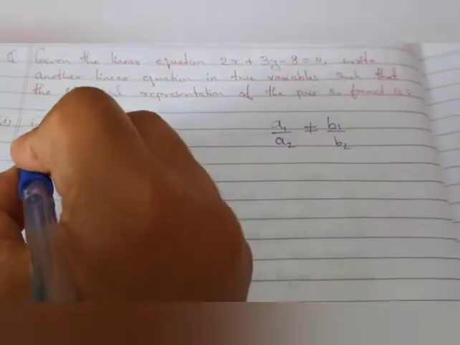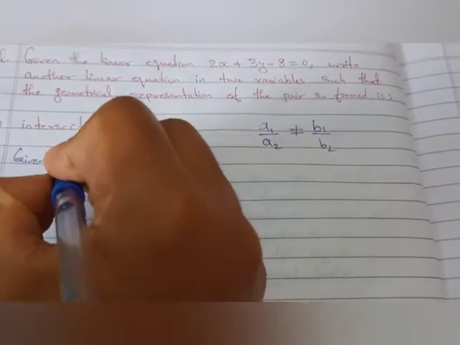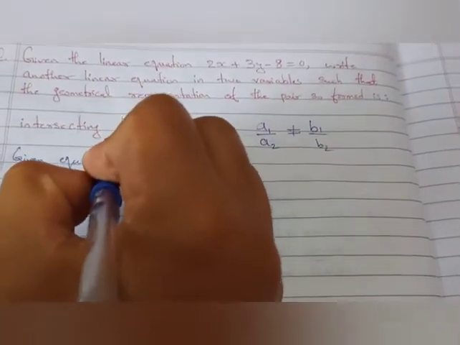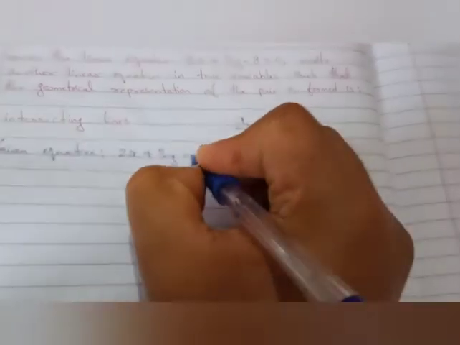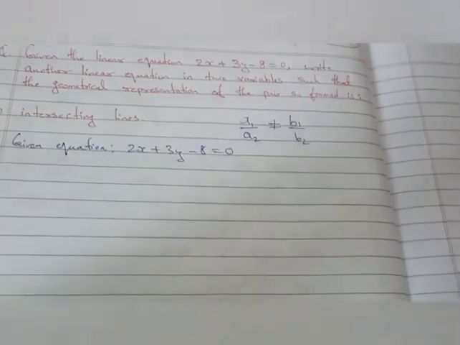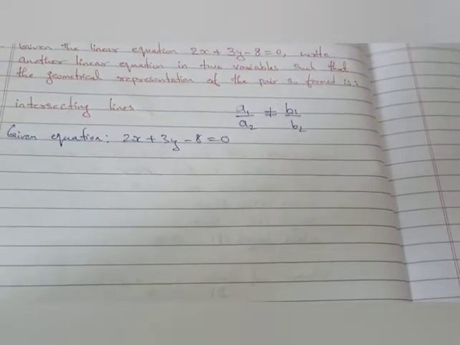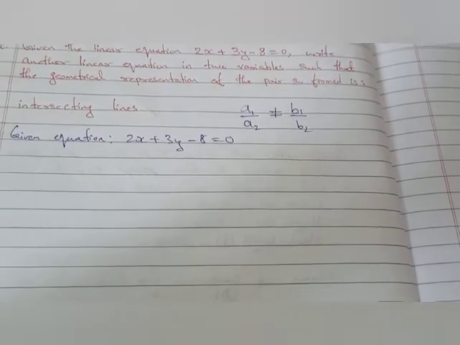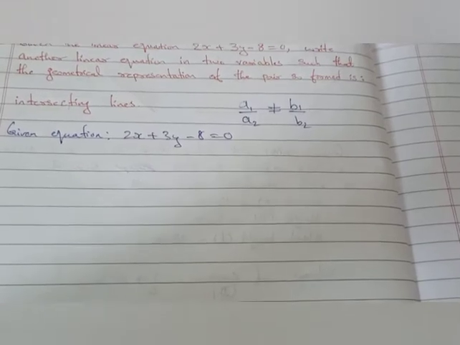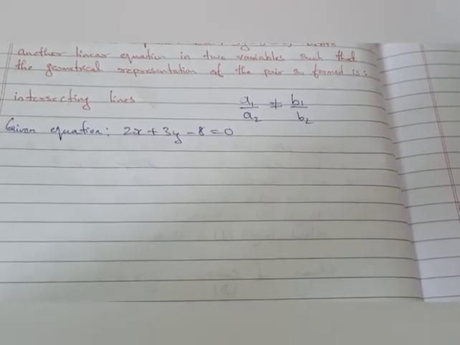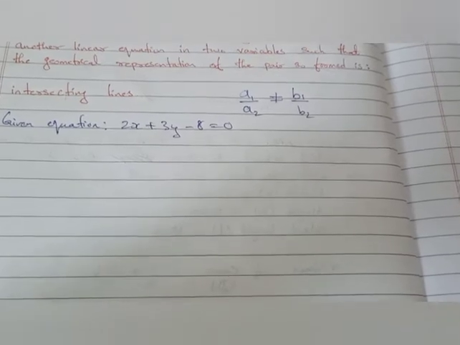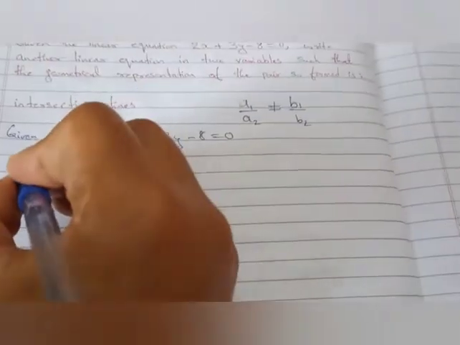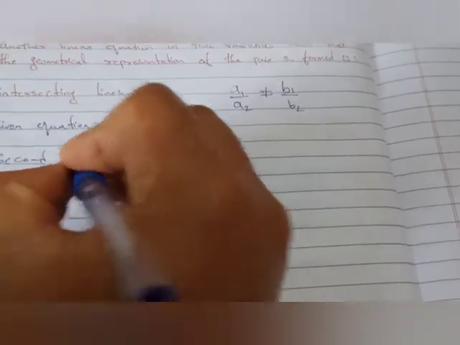Let's first write the given equation, which is 2x plus 3y minus 8 equals to 0. Now we need to write an equation such that a1 by a2 is not equals to b1 by b2. So we can understand that we can frame as many equations as we want, but the question has asked us to frame just one. So let's frame the second equation.